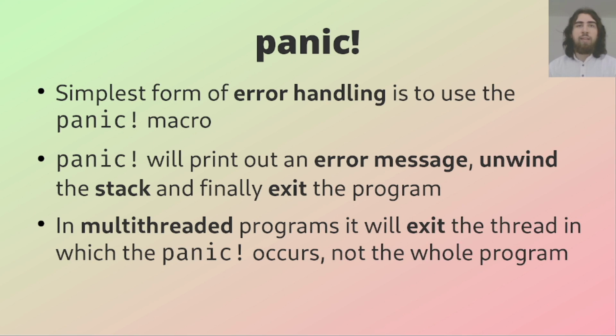When panicking, the compiler will delete everything step by step from the stack memory and then exit the program. In multi-threaded programs, it will exit the thread in which the panic occurs, not the whole program. We don't deal with multi-threaded programs here. That will be another course, but I just want to mention it.